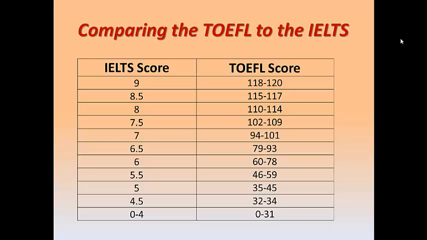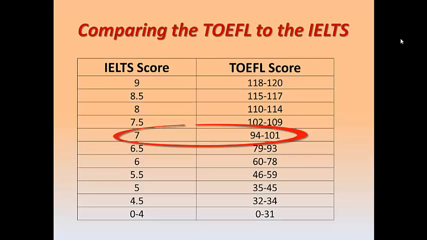So again, right about at the 7 range we see here is the same for that like 100 range. So that's really a good section to shoot for both of these tests. If you can get a 7 on your IELTS or around a 100 on your TOEFL, you're really going to be kind of really at the top end of the skill level.